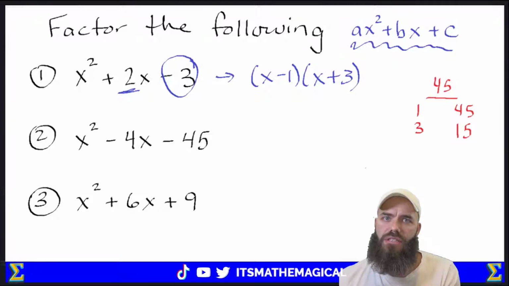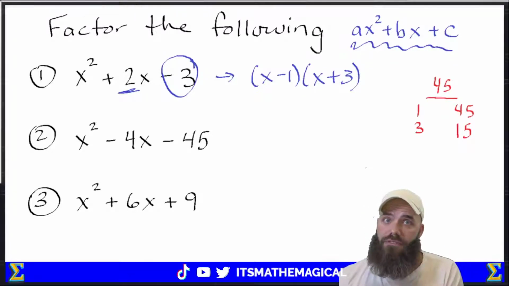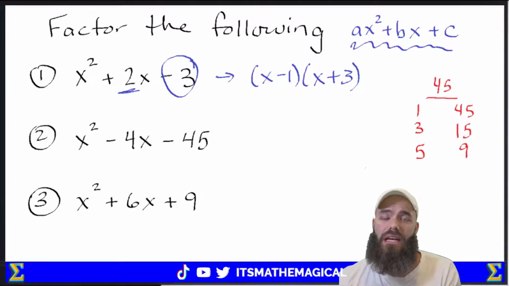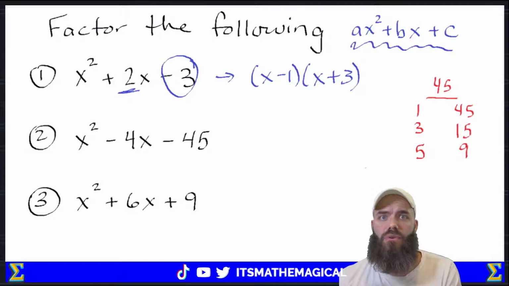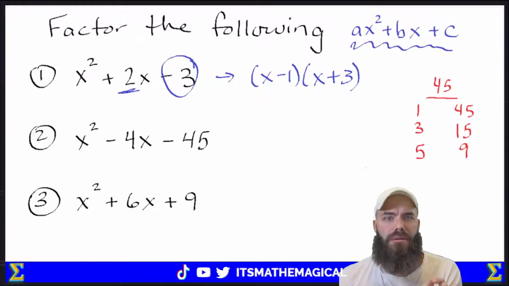Is 45 divisible by 4? It is not. Try 45 divided by 5. You'll notice 45 is divisible by 5. In fact, there's a pair of numbers, 5 and 9, that multiply to give me 45. And if you look very carefully, I can make them combine to give me -4.